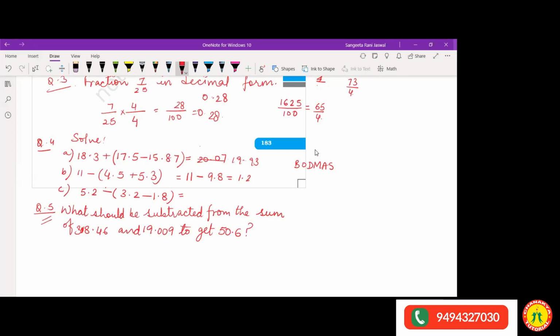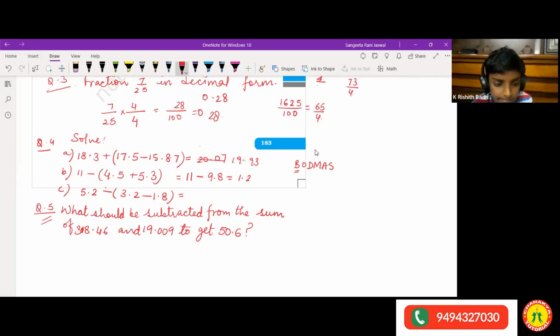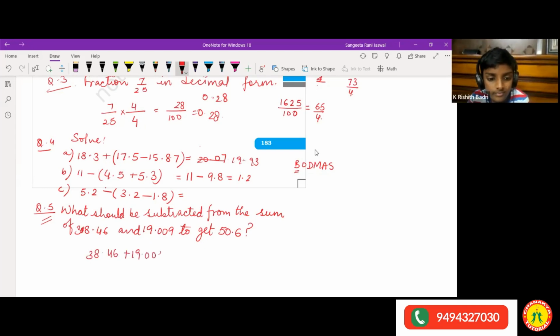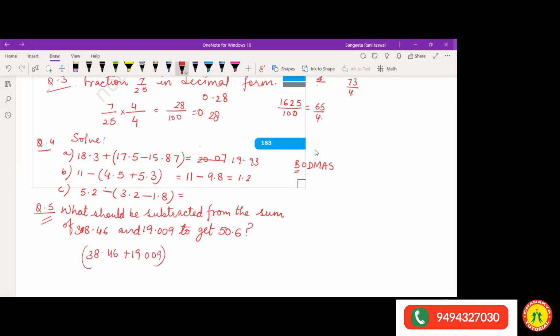Ma'am, in the fifth question, you turned 50 into 38. Even 38 is bigger than 37, so can we make that 36? See, what should be subtracted from the sum of these two? First, you have to add these two. Ma'am, the sum is the same. I'm taking the unknown as a variable x so that you get 50.6.